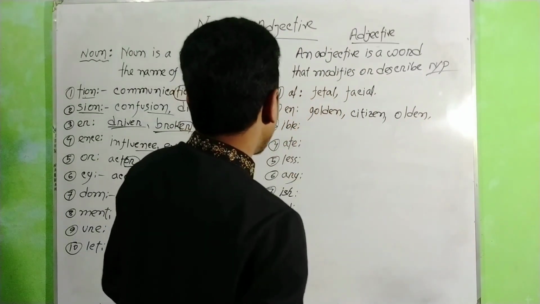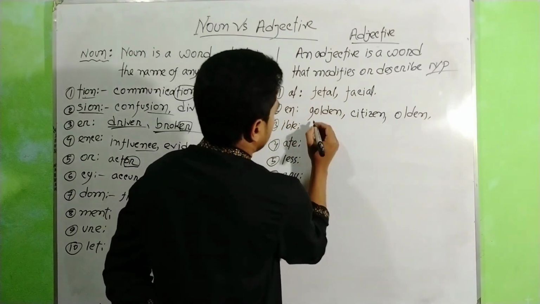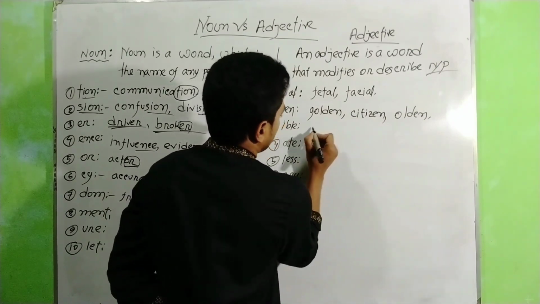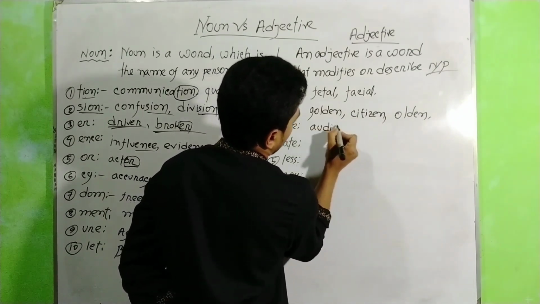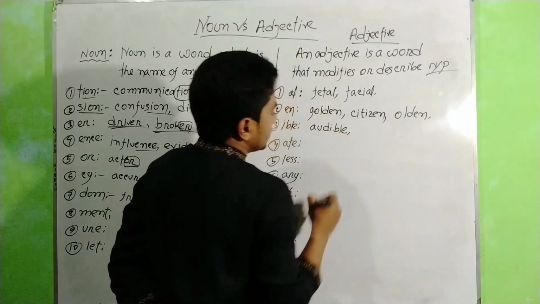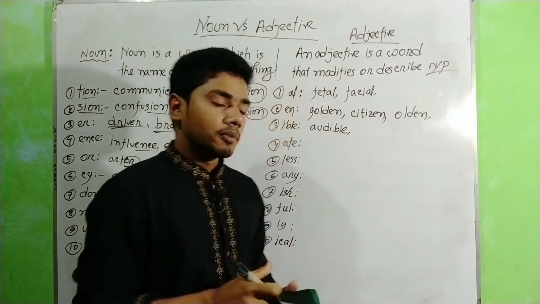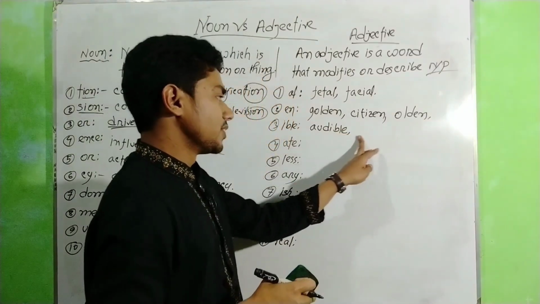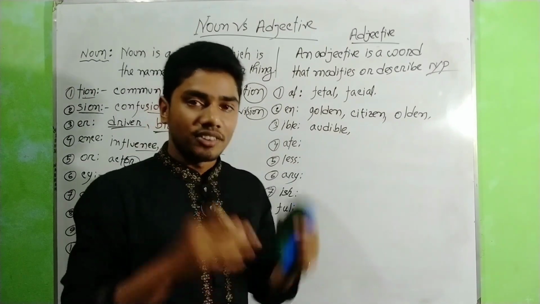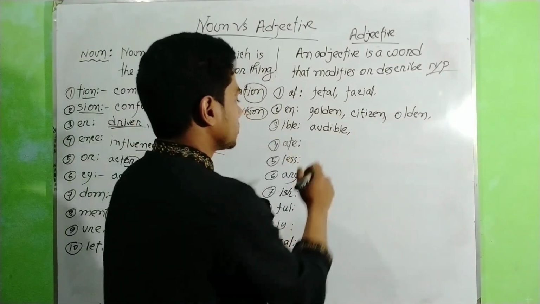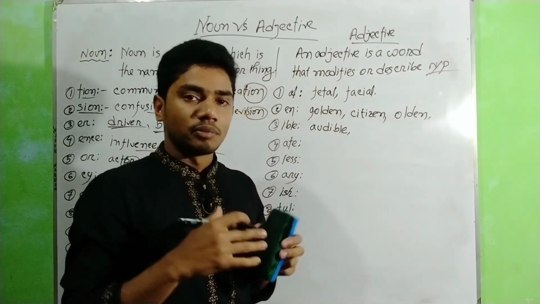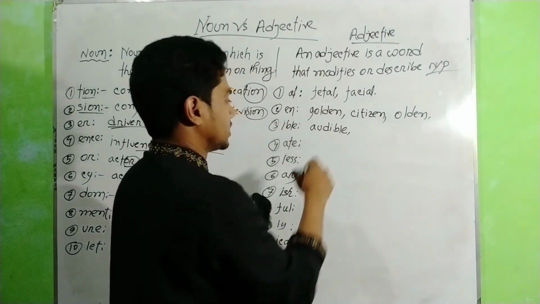Look, number three, ible. You can say audible. Sometimes I start many live streams and I ask the audience, can you hear me? Am I audible? So audible means they can hear me. So it is an adjective.